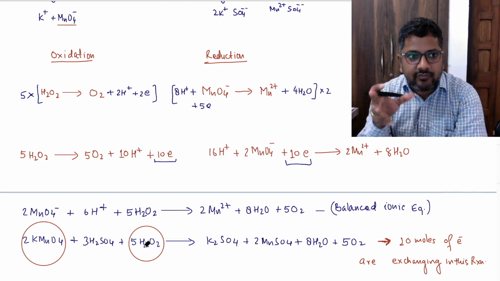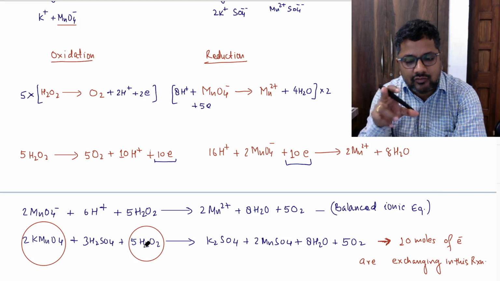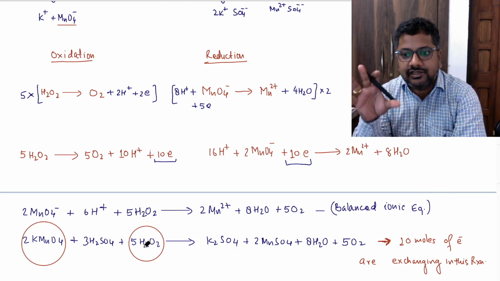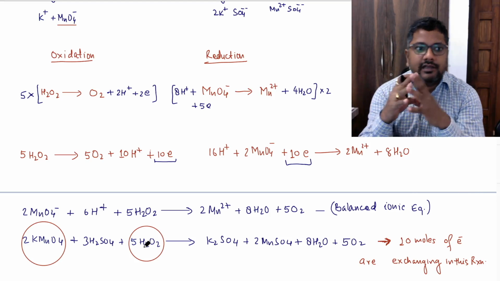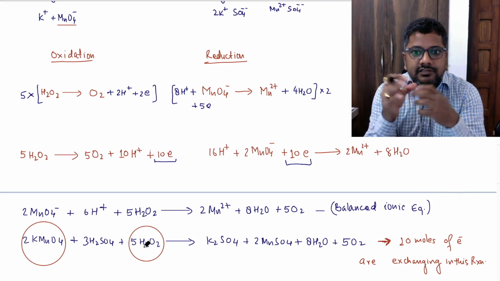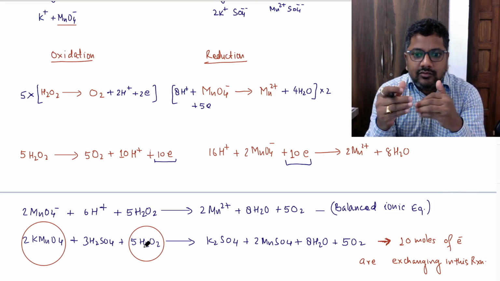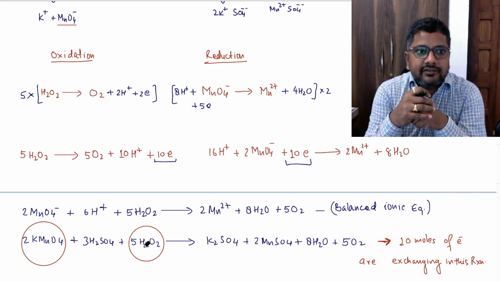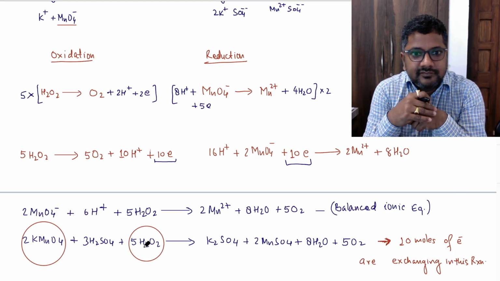This 2 and 5 accommodate these 10 moles of electrons. So in every chemical reaction, whatever the stoichiometry is, it is directly or indirectly related to the moles of electrons exchanging in the reaction, right?